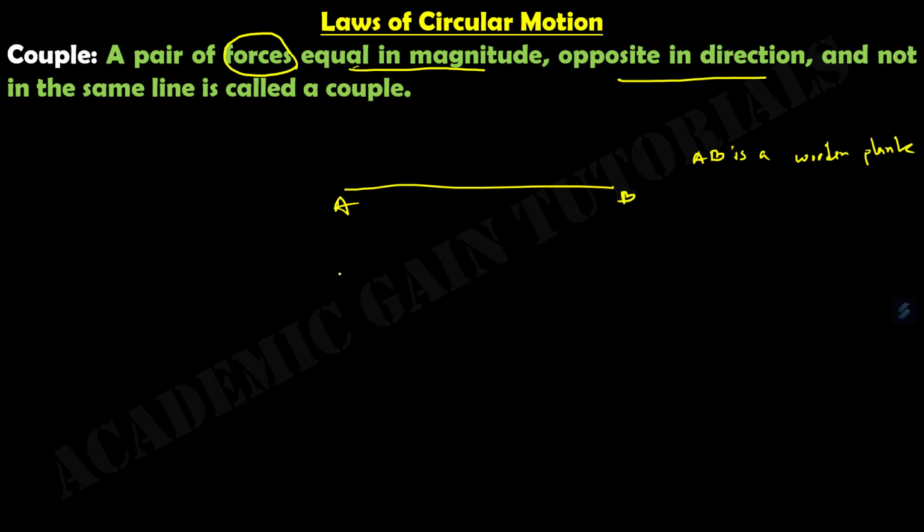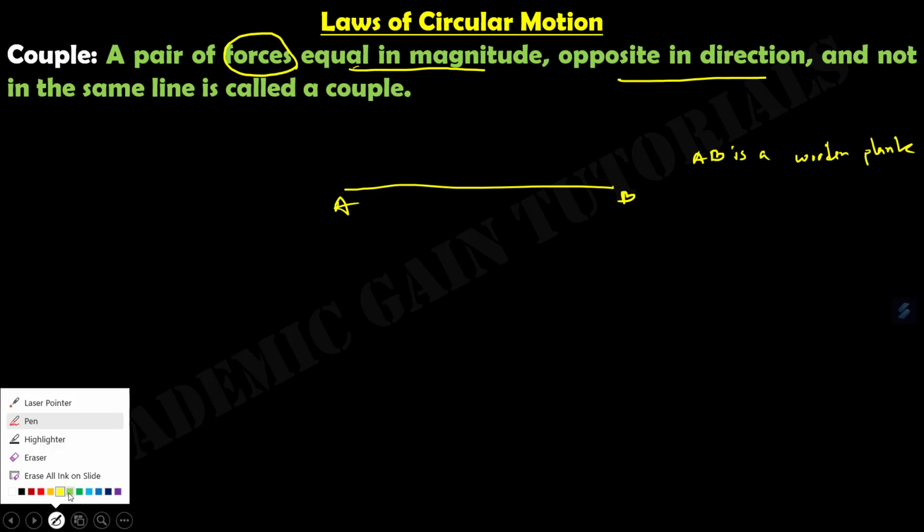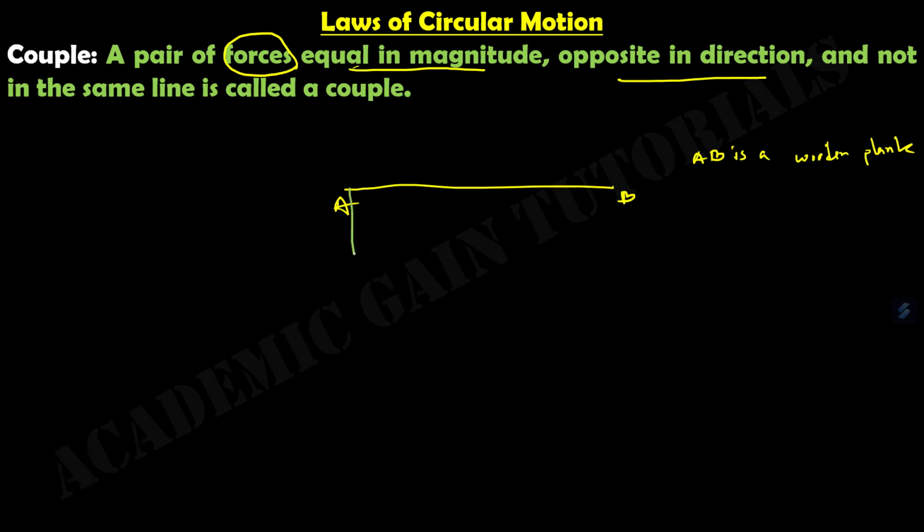So let two equal forces be applied. Suppose we apply force F1 at point A and F2 at point B. By the definition of couple, we can say that F1 equals F2, and both are in opposite directions. So we can say that this pair of forces is known as a couple.